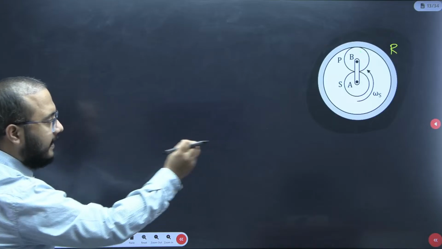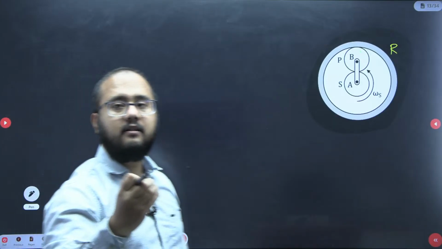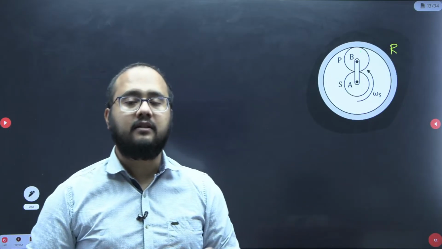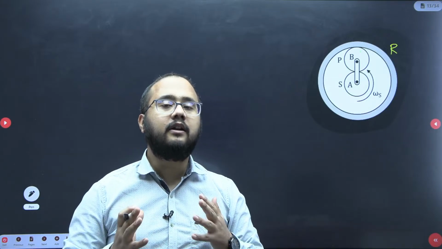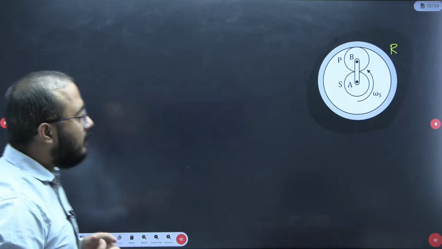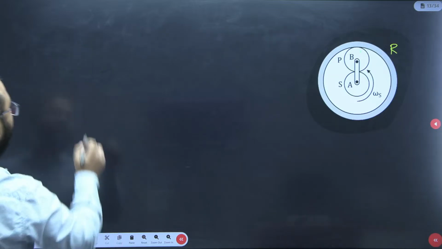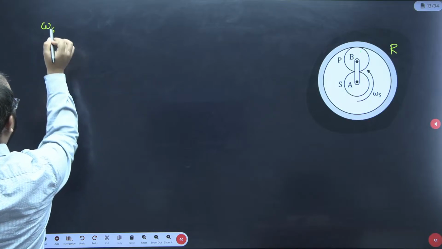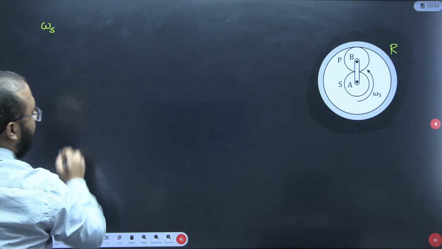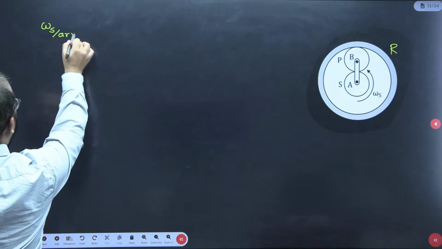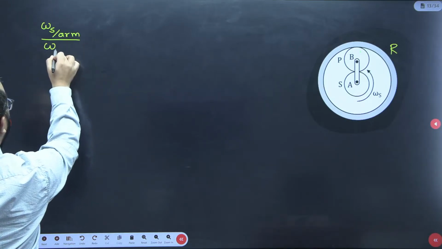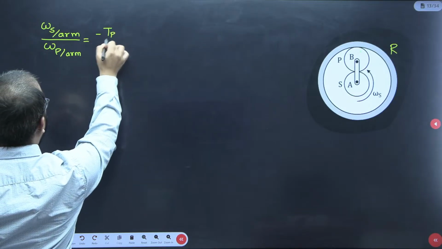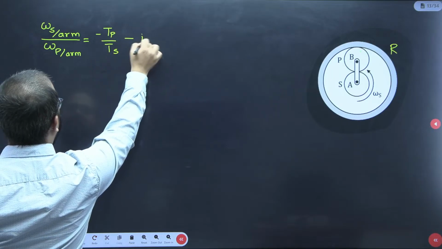Now sun and planet gears are in meshing, and also planet and ring are in meshing. First of all, we have to understand which gears are in meshing. Then only can we write the relative velocity ratio. So the first relation we write is for sun and planet: omega s with respect to arm divided by omega p with respect to arm equals minus TP by TS, equation number 1.